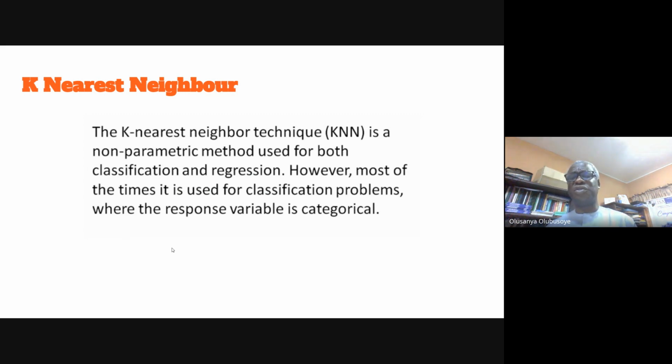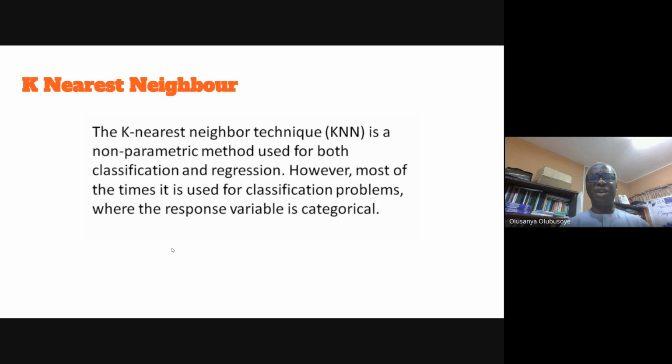But most of the time, what people use it for is classification problems. And I've explained that for classification problems, you are predicting a category, a class, a group, predicting whether it will go or it will not go, whether it will survive or not survive, whether it will appreciate or depreciate.